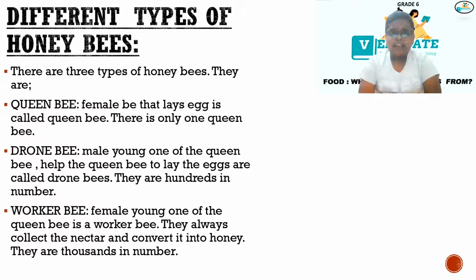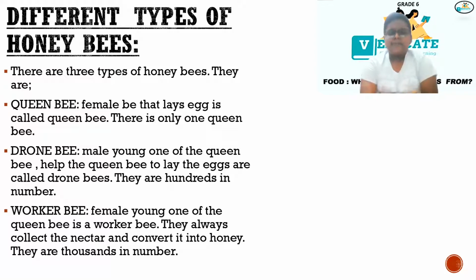The male young ones of the queen bee, her sons, help the queen bee to lay eggs and are called drone bees. They are hundreds in number.